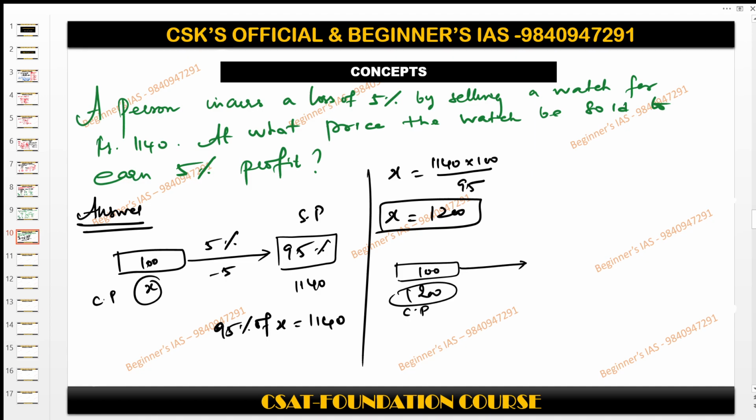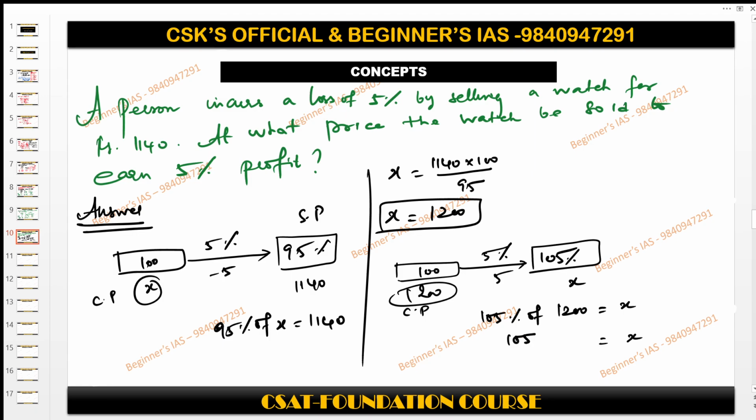What you are doing here is 5% profit. So 5, so 105%. So this you need to calculate. Understood or not? 105% of 1200 is equal to X. So X is nothing but selling price.